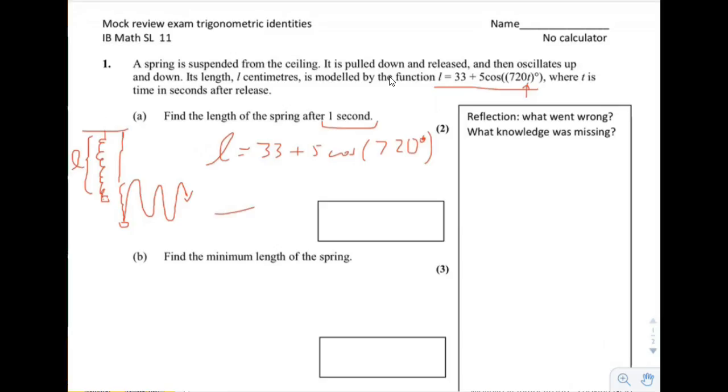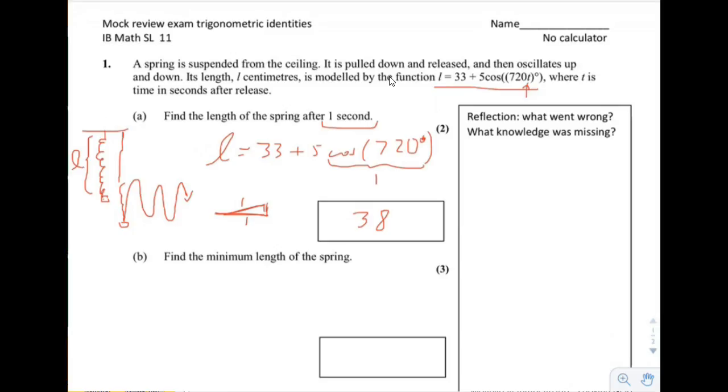So the cosine of 0 degrees or 360 degrees or 720 degrees, it's all the same. The adjacent is 1, the hypotenuse is 1, so it's 1, right? And so that's basically saying 33 plus 5 times 1, which is 38. So the length of the spring after 1 second is 38.